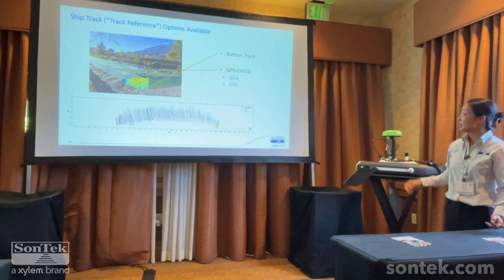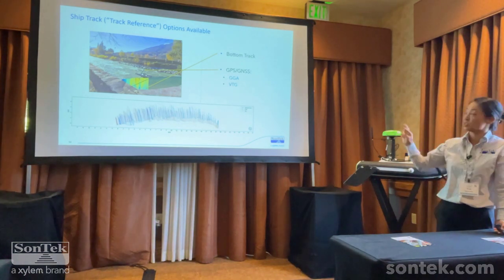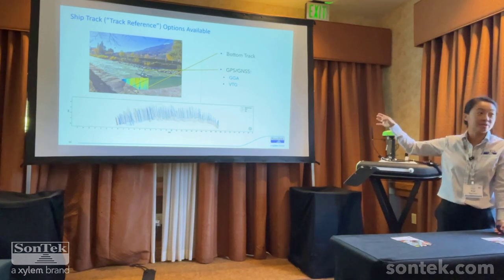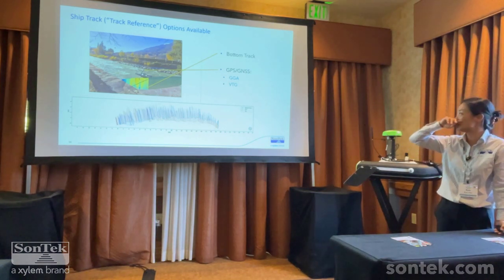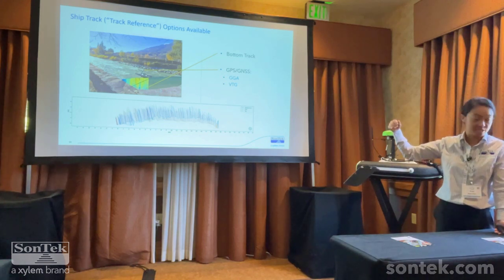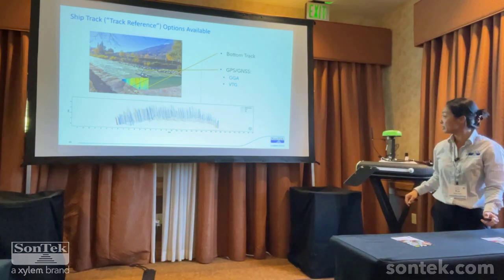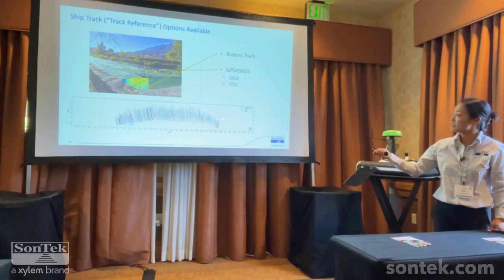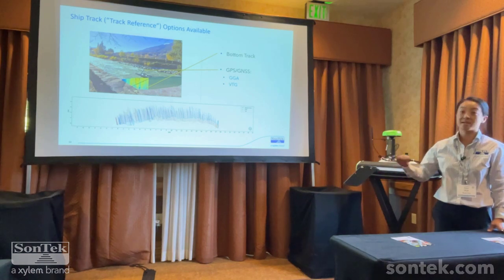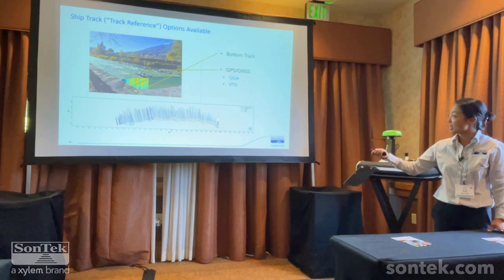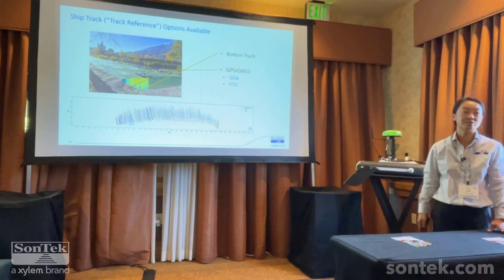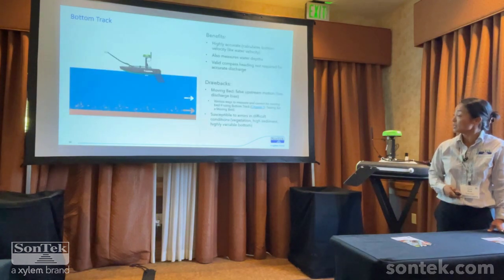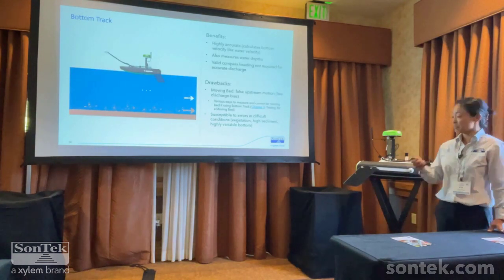There are two flavors of GPS which come automatically, so you'll get both of these options if you have a GPS option, and we call them GGA and VTG, which I'll go into in more detail in a bit. When you're looking at the software, you're going to see these various colors, and this is automatic. You don't have to do anything special to get all of this. Bottom track is going to be the blue line here, for example, and purple and yellow are the GPS tracks.